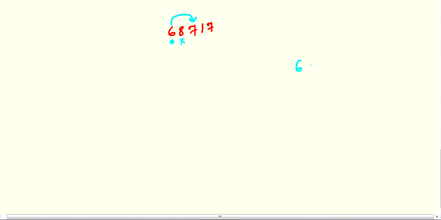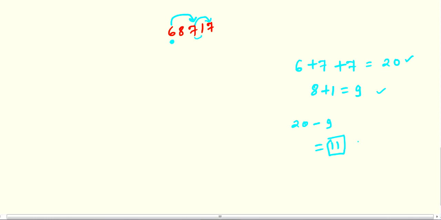Next to 8 we have 7, so plus 7. Then again leave the next number, then 7 again. So 7 plus 7 is 14, 14 plus 6 is 20. Now we have 8 and 1, so 8 plus 1 equals 9. Now we subtract these two numbers: 20 minus 9, we get 11, and as you know 11 is divisible by 11, so this number is divisible by 11.